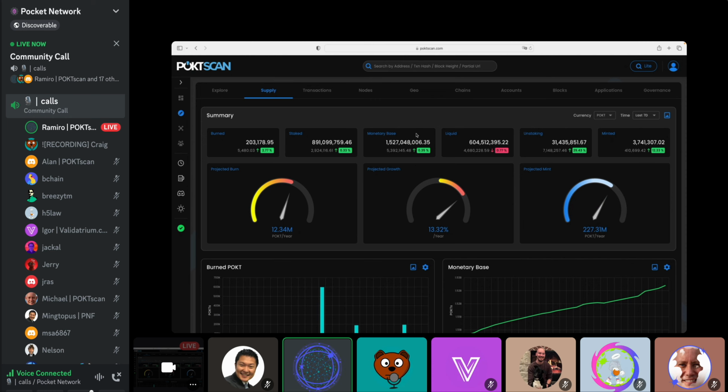So the monetary base makes up for all the pocket that can be freely sold in the market, including the staked pocket, because you could sell a staked node, for example. So if the DAO makes a payment, it will be reflected as an increase in monetary base. For example, in the last week, the DAO pushed payments for, I think it was 1 million pocket or something like that. That is included in the monetary base.